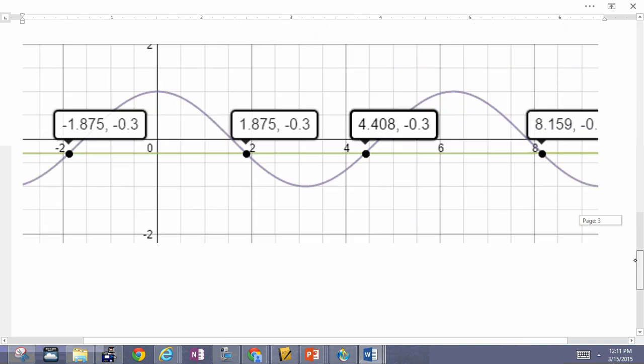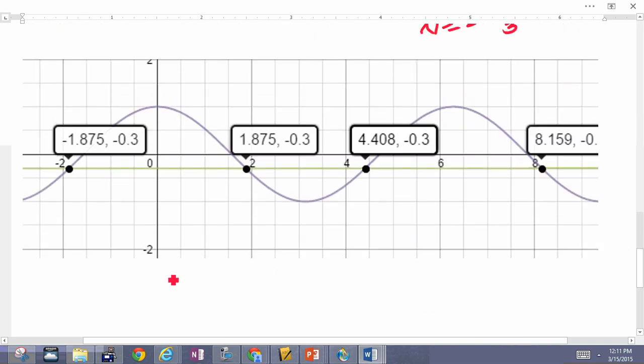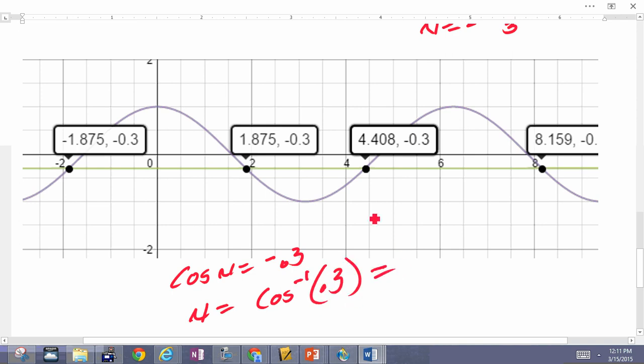So with a less familiar number, like this one, what are the answers to the cosine of x equaling negative 0.3? Well, we know it has answers. If we ask our calculator what is the cosine inverse of negative 0.3, you can plug it in, I guarantee it's going to give you 1.875.